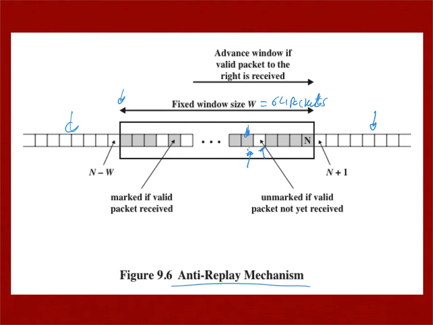A replay attack is always for something in the past, not for something in the future. No one can get a copy of a packet that's in the future and try to replay it. On the contrary, if it's an authenticated packet, this means that it's a valid packet. And in fact, this is the logic for sliding the window.